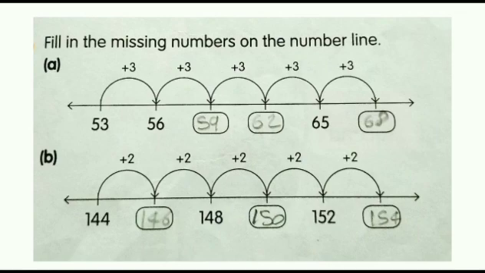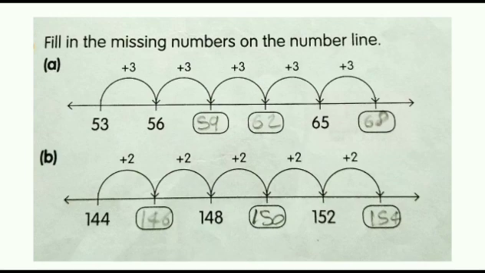The 53 and 56 have a regular interval of 3. When you add 3 to 53 you will get 56, then when you add 3 to 56 you will get 59, and just like that when you add 3 to 59 you will get 62, 65 and 68.